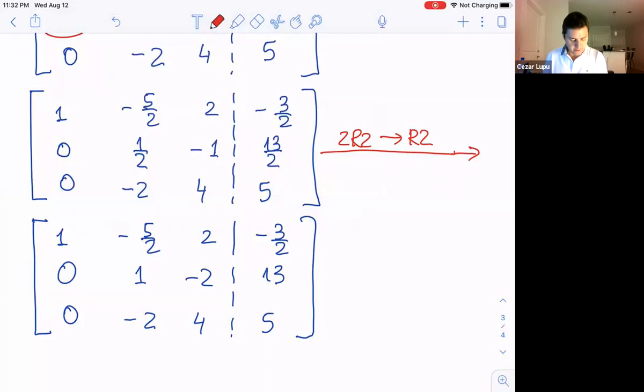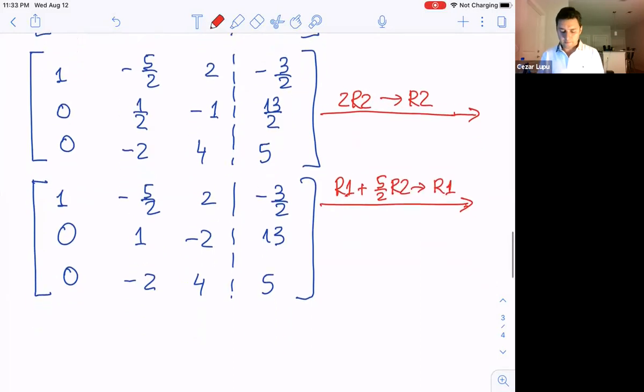So let's do some other operations and let's see what can we do. Maybe I should do something about row 1. We can transform this -5 over 2. Maybe we can transform it into a 0. In fact, let's multiply the second row by 5 over 2, and let's add it to the first one. So R1 plus 5 over 2 R2 will become my new R1. Okay, and let's see.